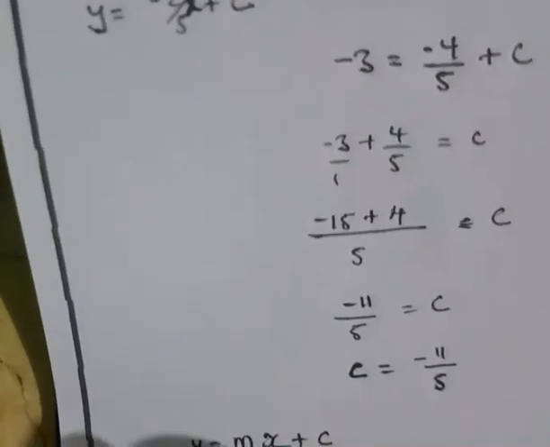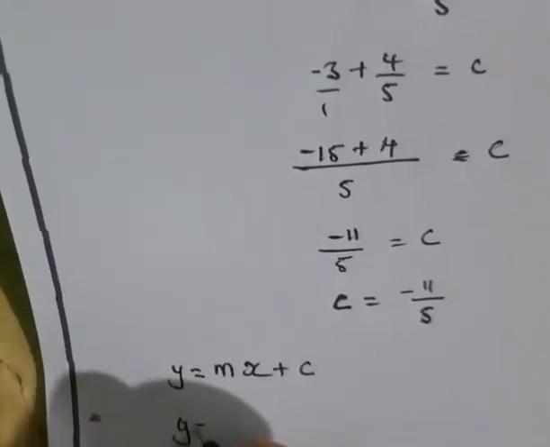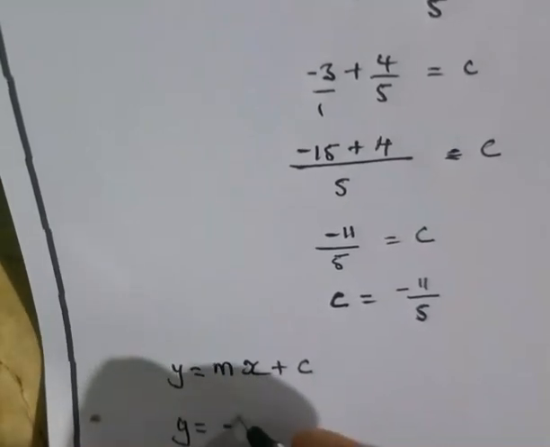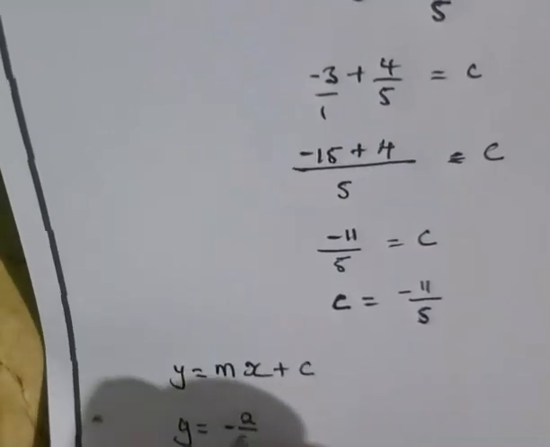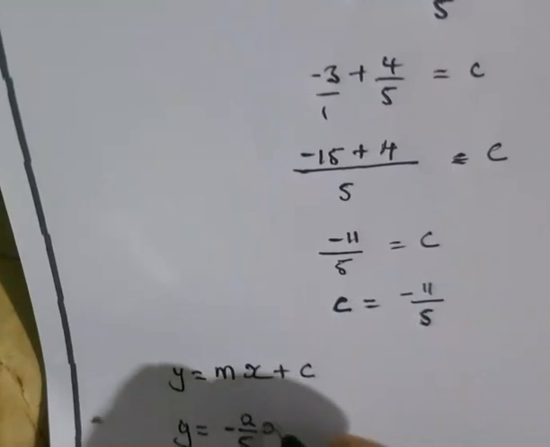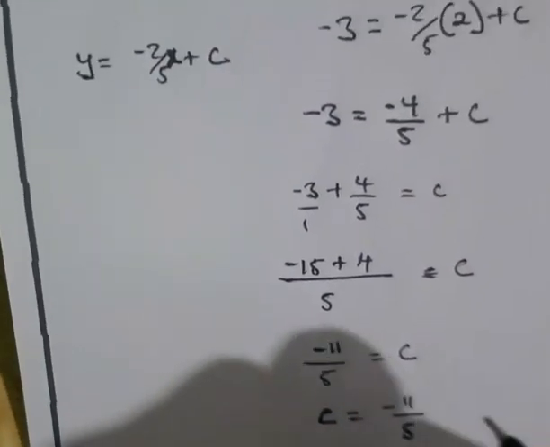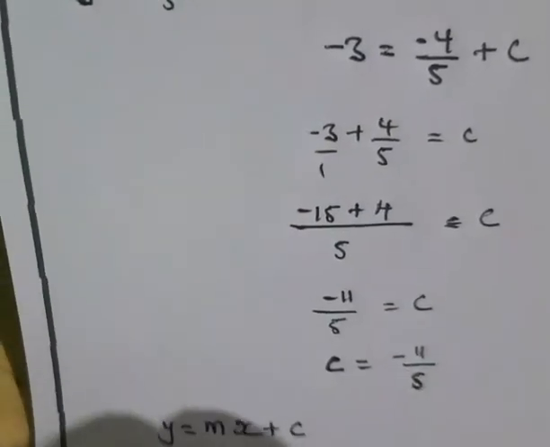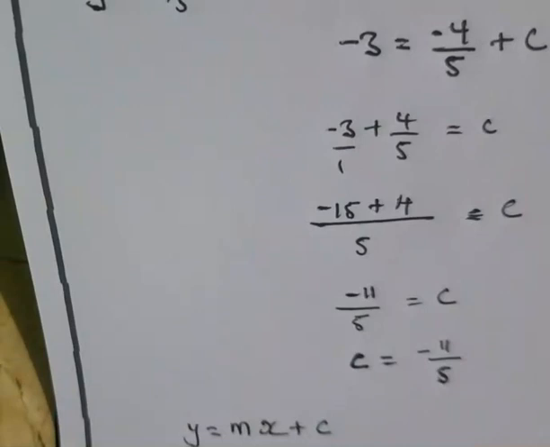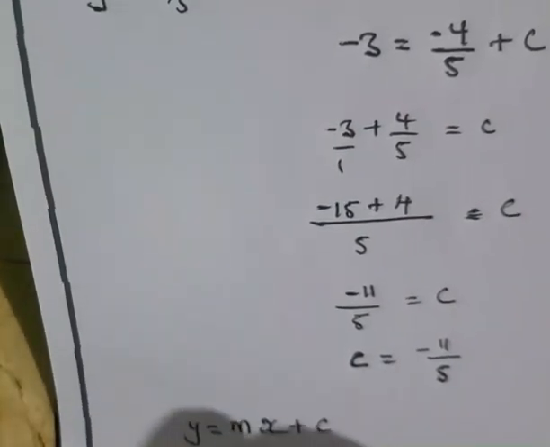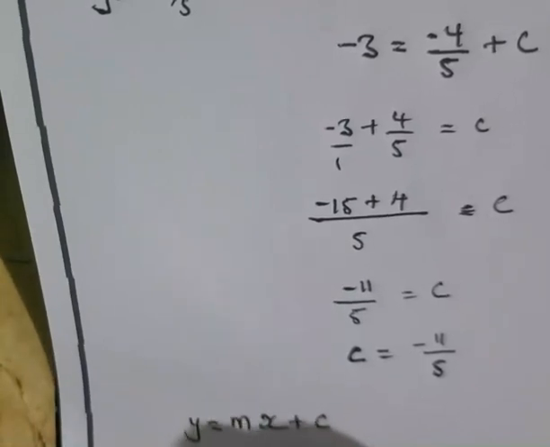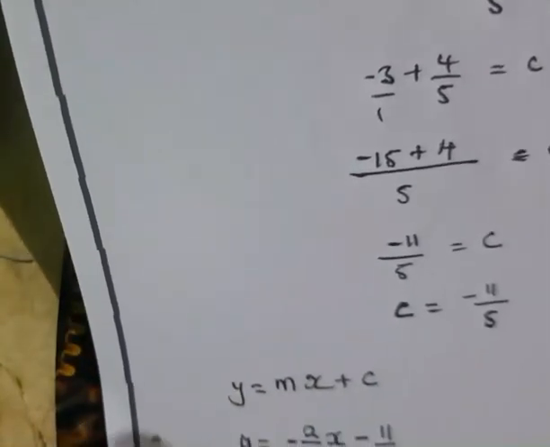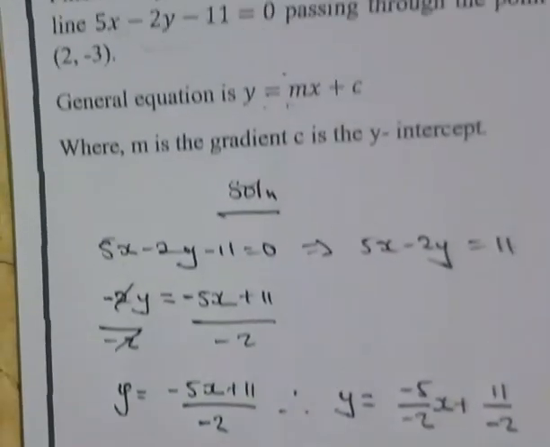So y is equal to negative 2 over 5 x, plus our c, which we just found, negative 11 over 5. So it will be just minus 11 over 5, and that becomes the equation of the line perpendicular to this line.